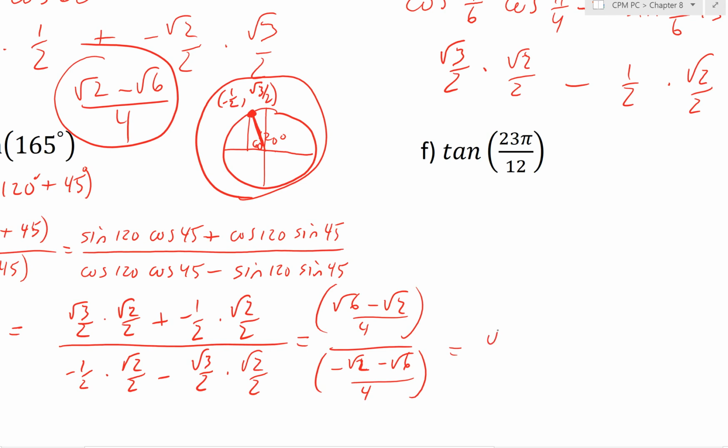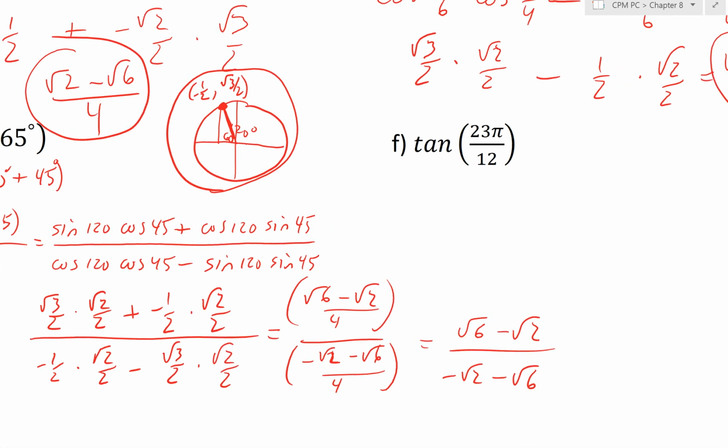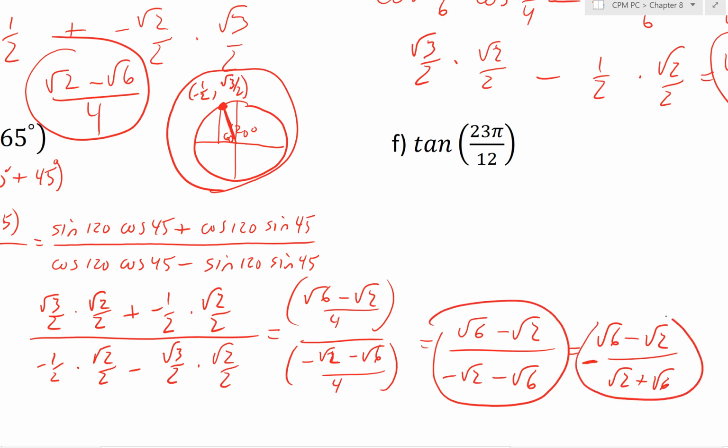We'll just end up with root 6 minus root 2 over negative root 2 minus root 6. Or you could also do this: root 6 minus root 2, put a negative out in front, and then it's root 2 plus root 6 in the bottom. So this is fine. This is also the same.